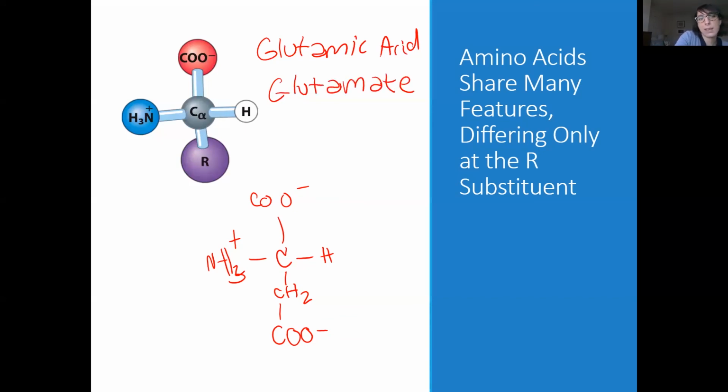These are the same things. They're just written two different forms, glutamic acid or glutamate. This one-letter abbreviation is an E, and I remember that it is glue, which you spell Glue, glutamic acid.